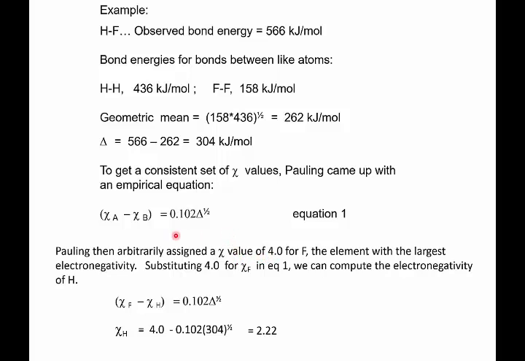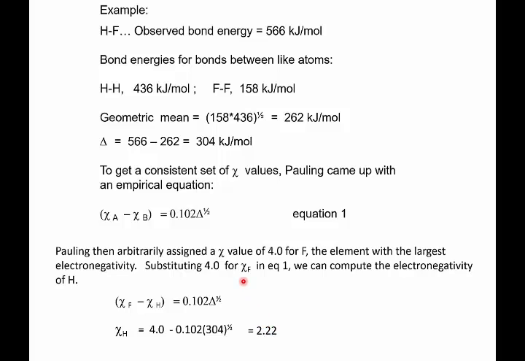Now if you go back to his equation here, you substitute 4 for the electronegativity of fluorine, and you then calculate the electronegativity for hydrogen. The delta value here we previously calculated to be 304. You plug that in here, take the square root, multiply by that constant 0.102. This is subtracted from 4, and he calculates that the electronegativity of hydrogen then is 2.22.